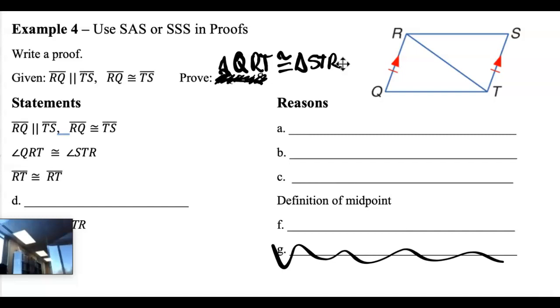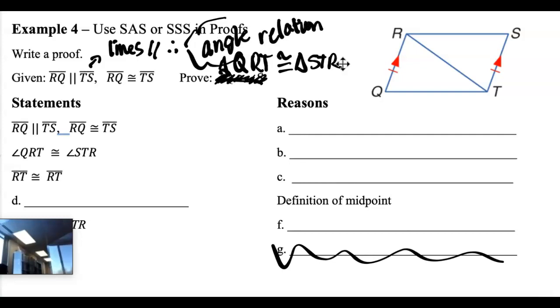congruent here. So one clue here is, if you're given that the lines are parallel, you should be thinking about what we learned before about angle relationships, because those will help us prove that parts might be congruent.